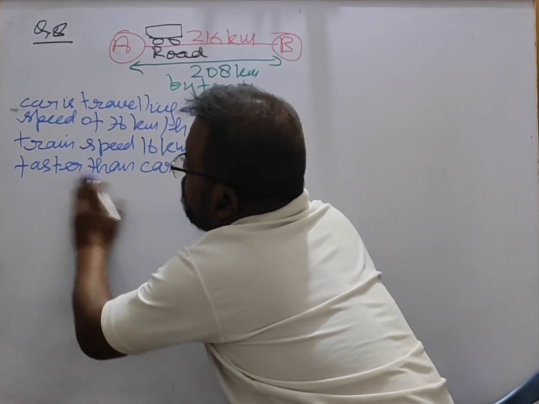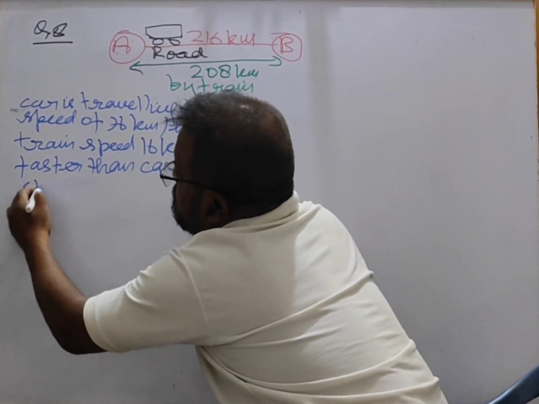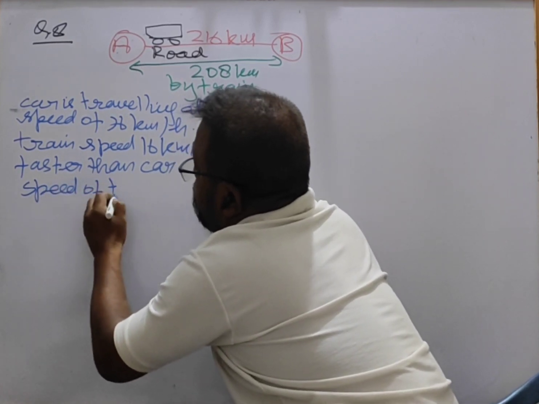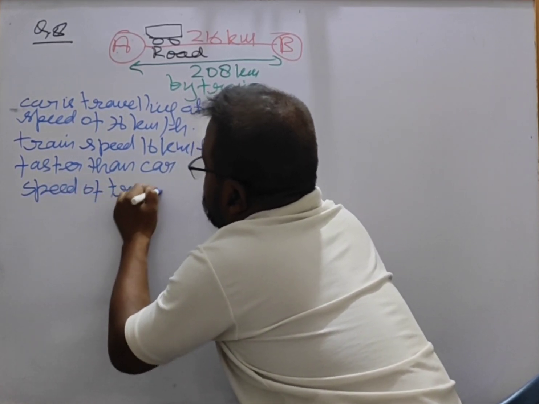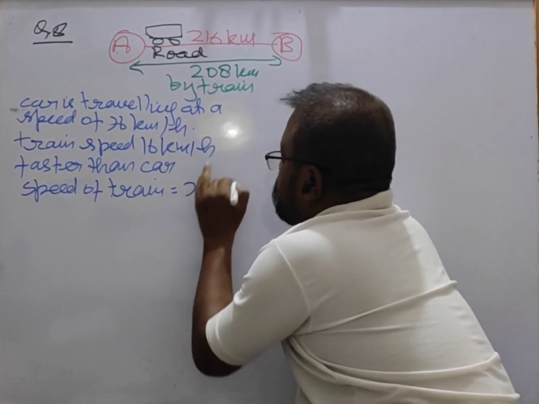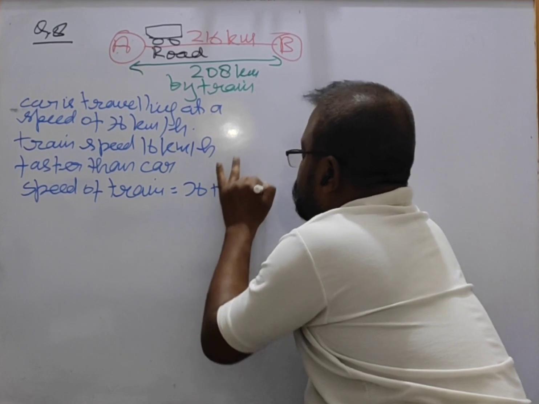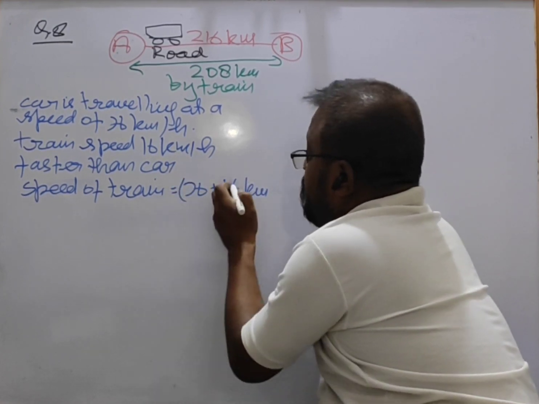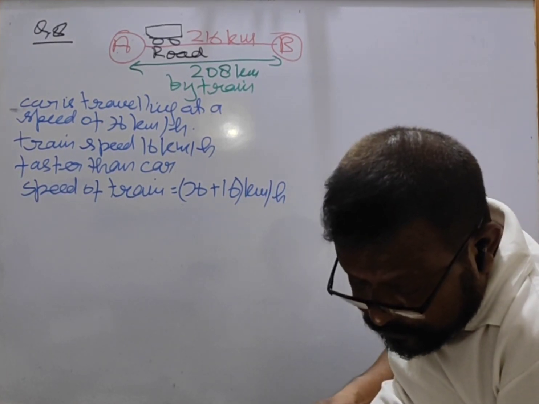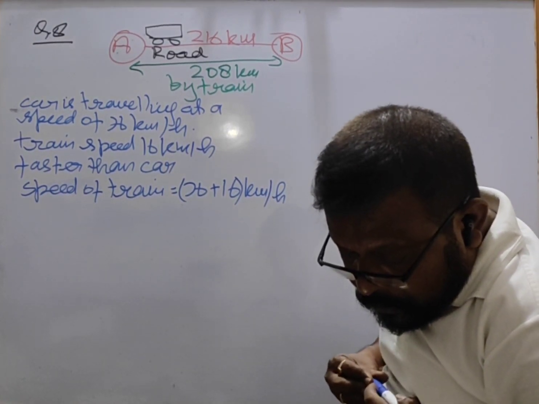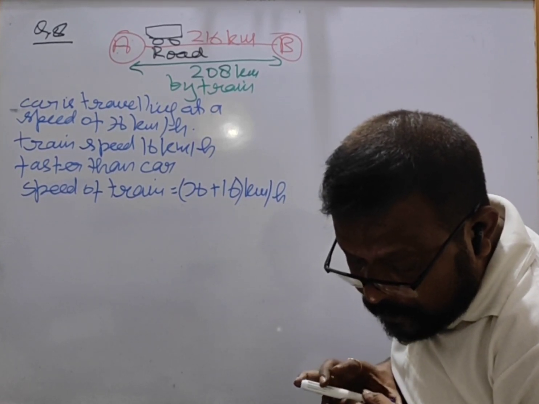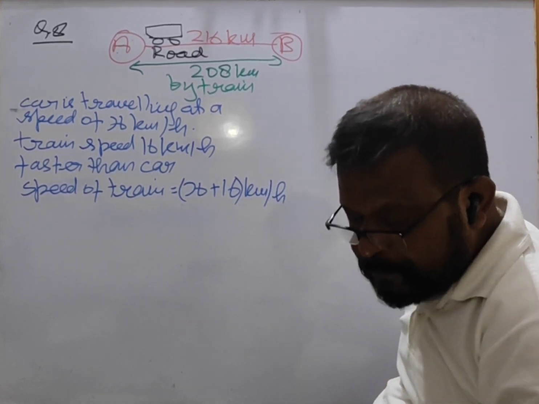So the speed of the train is equal to x plus 16 kilometers per hour, right? Okay, so what next? Calculate the time taken by the car to reach from A to B in terms of x.